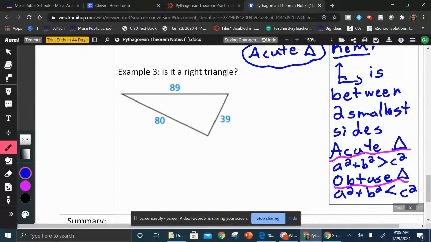Okay, let's check this next one, everybody. Remember, it can be deceptive, it looks like it is. So 89 squared is 7,921. 39 squared is 1,521. 80 squared is 6,400. Okay, so let's check it. We're going to add the two smallest sides together.